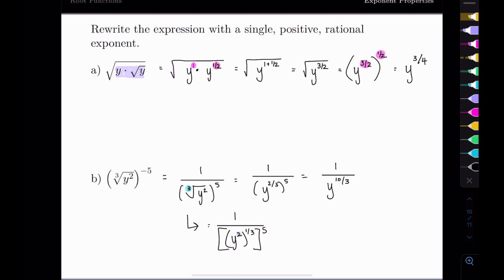And now here, we would multiply these two exponents, and it still lands you in exactly that step. We'd have y to the 2/3 to the 5th power. And then multiplying those gives us y to the 10/3. Okay. So if you need the extra steps, or that's what your brain naturally wants to do, absolutely go through that route. You have a lot of ways to do the same type of problem in these ones.